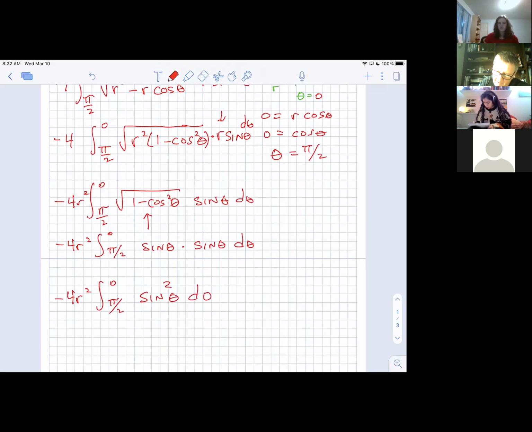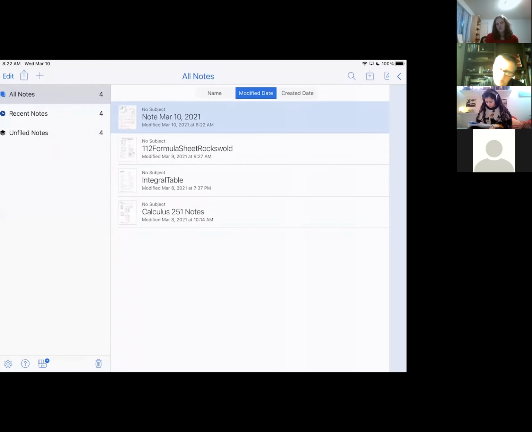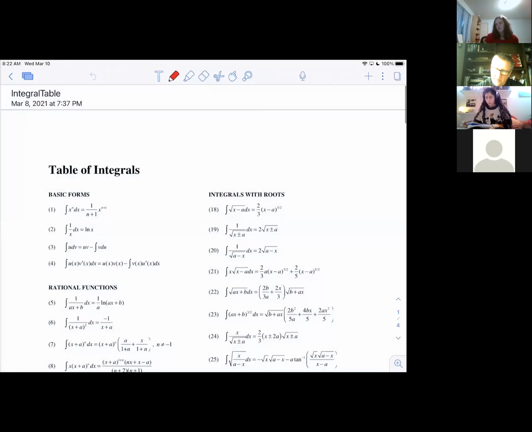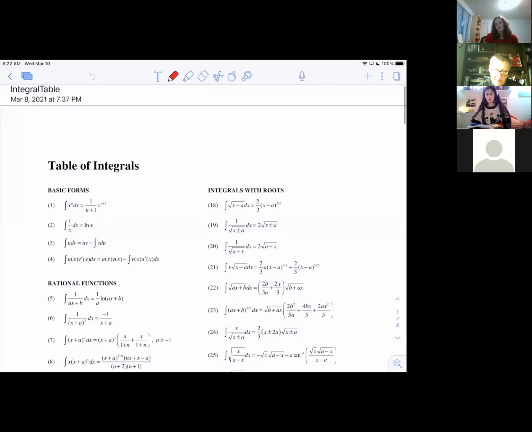But notice this is not easy. This is not an easy problem by any stretch. And I happened to do this one the other day. But since I already did it, let's not do it from scratch. I'm going to cheat this time, and I'm going to look at the integral table because I don't remember what the integral of sine squared is.